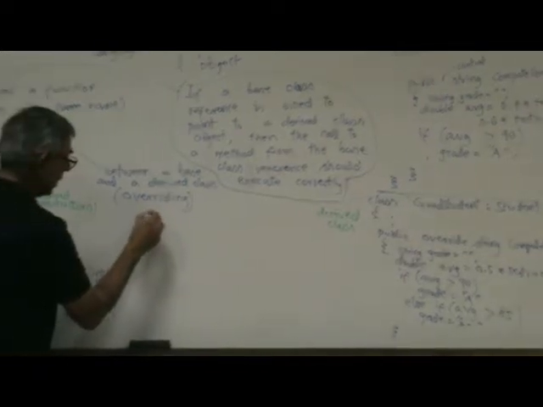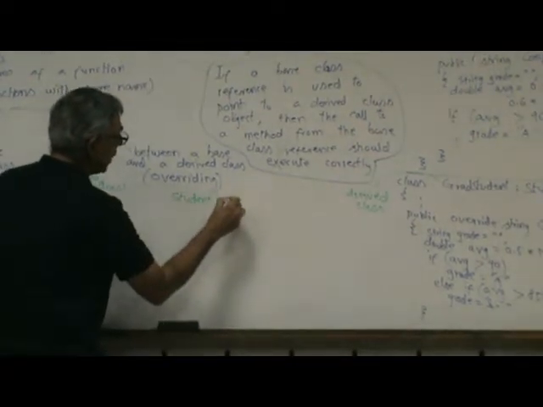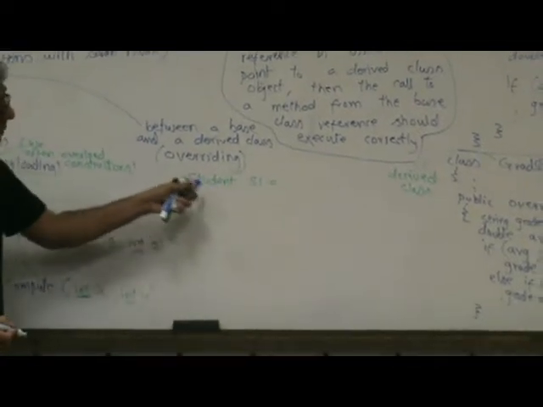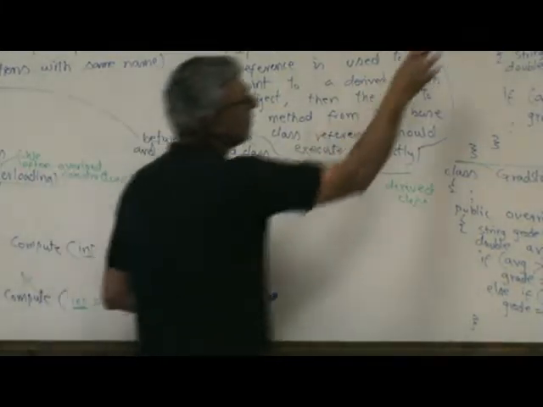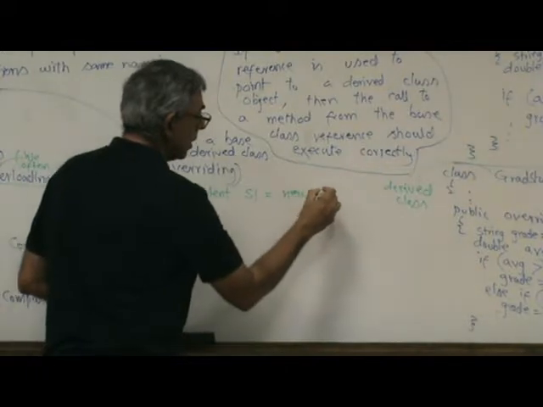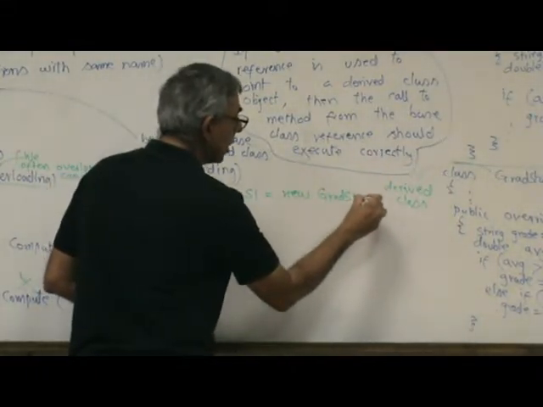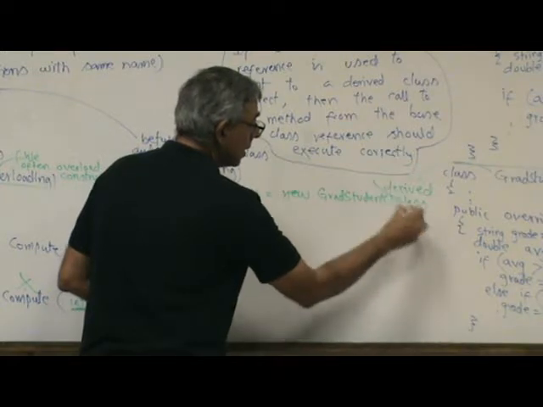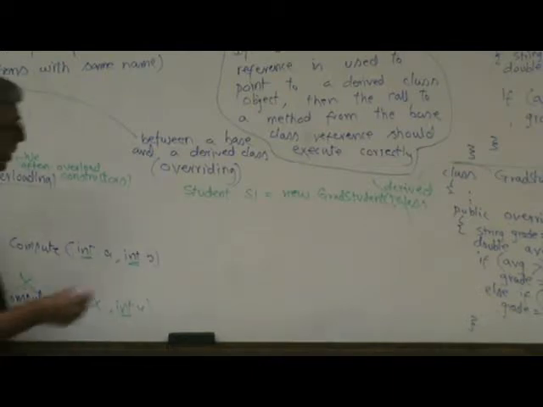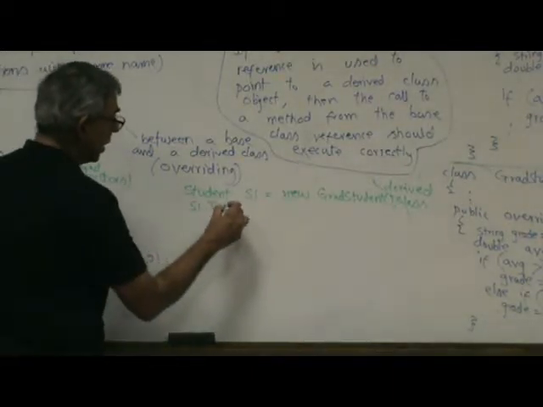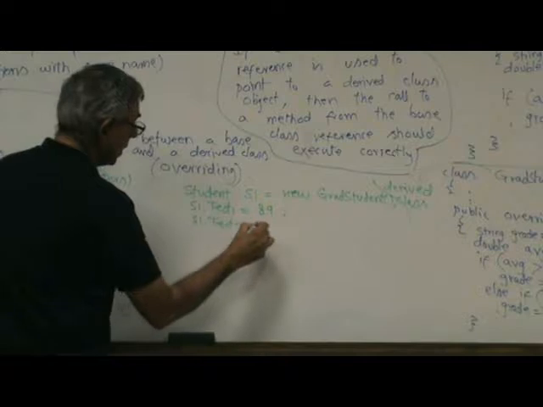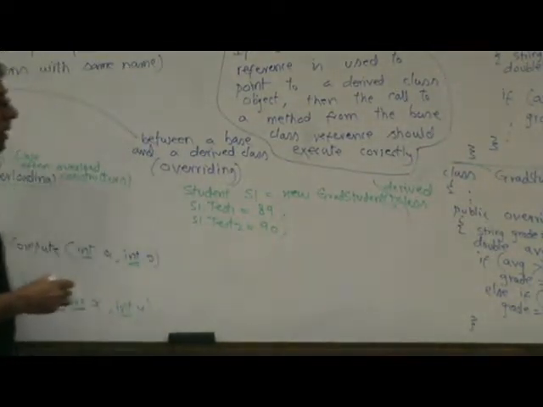If we did something like this, Student s1. What type of reference is it? Base reference or derived reference? Base reference. Equal to new GradStudent, which means the actual object we are creating is a derived class object, correct? Now suppose we do s1.test1 equal to 89, s1.test2 equal to 90, okay?